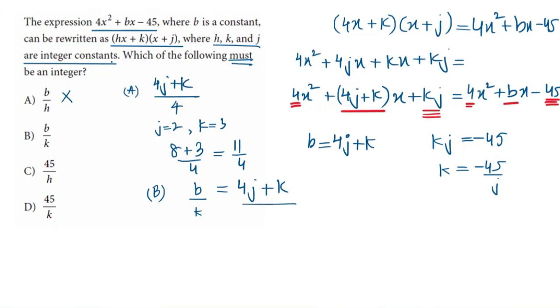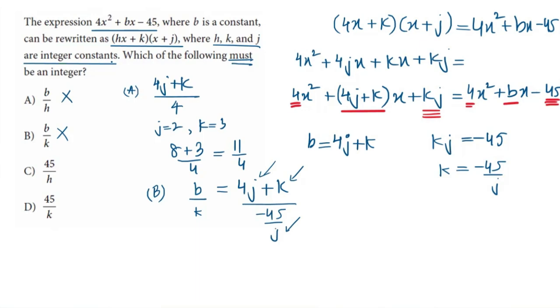So if I put minus 45 divided by j, well, students, you can see clearly that if I suppose some integers j and k, there's no guarantee that this thing is always going to be an integer. So this is an incorrect option as well. You can try putting some integers over here, and you'll find out it will be a miracle if you get an integer.